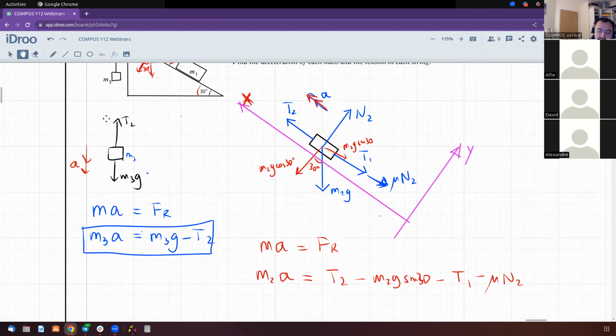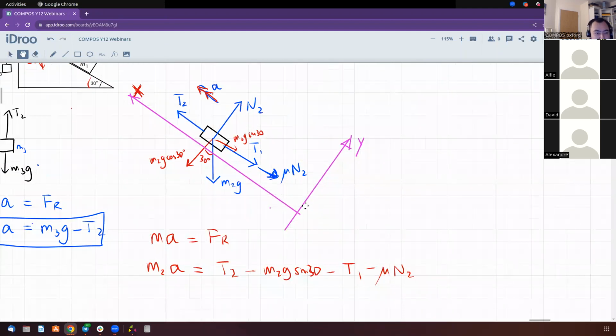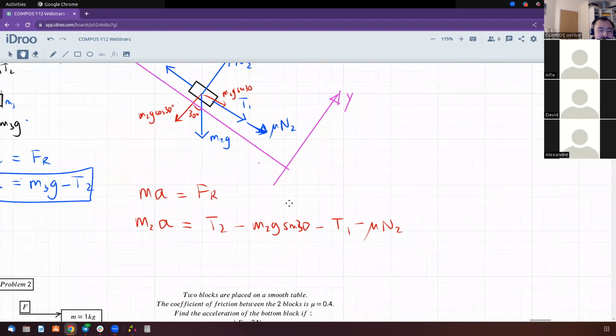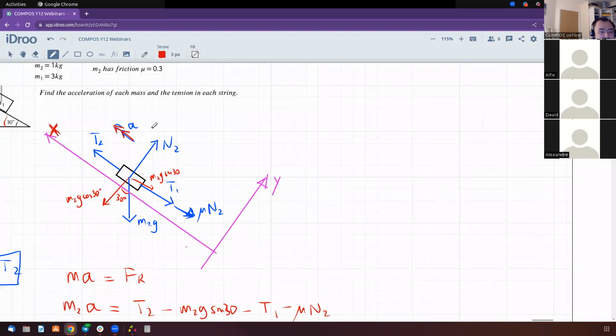Oh, well, as a matter of fact, we do need the vertical forces. We'll write them separately. Vertical. We have N2. N2 is equal to M2G cos 30. Because this force is balanced with this force. Because that's the only force up. This is the only force down.